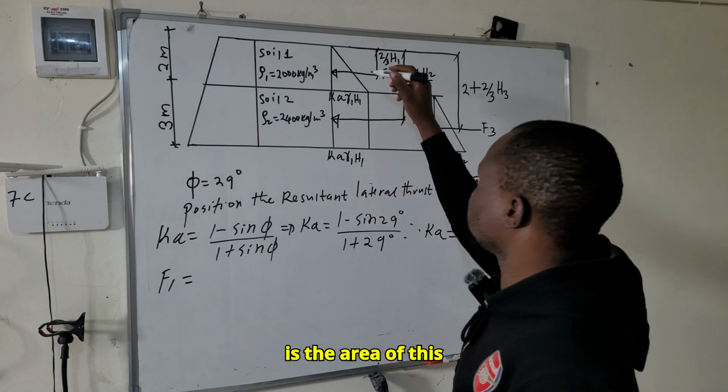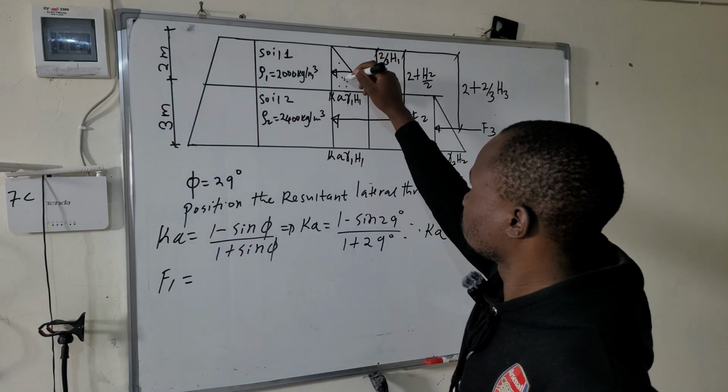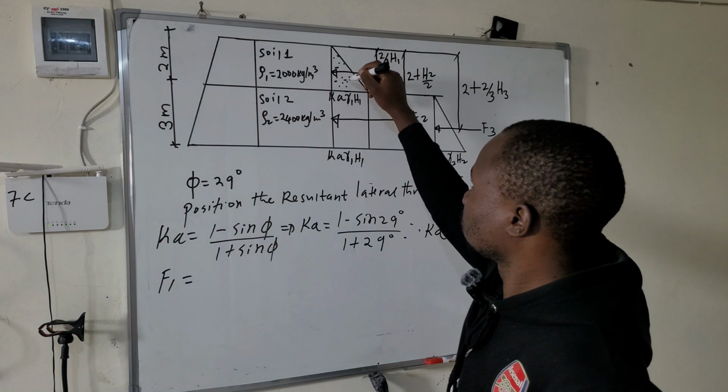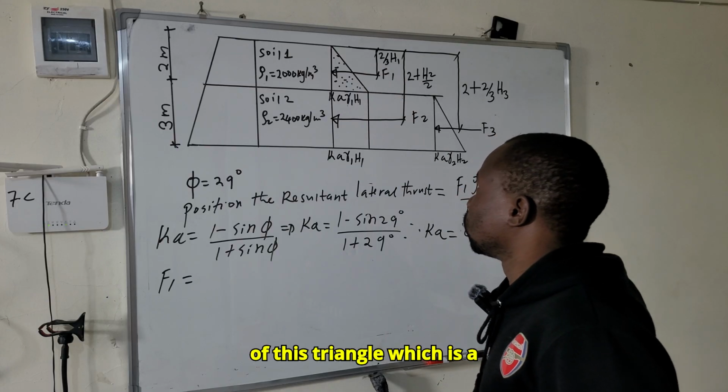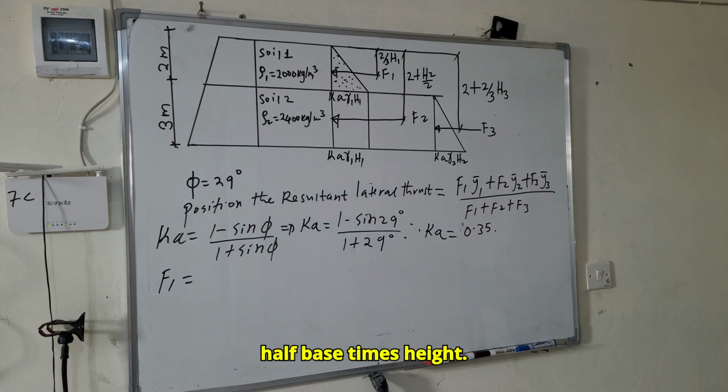So first one is the area of this triangle, which is a half base times height.